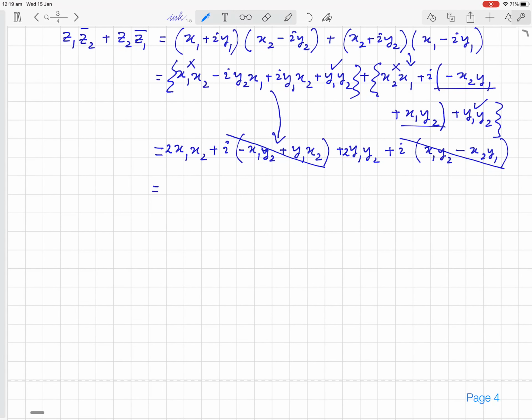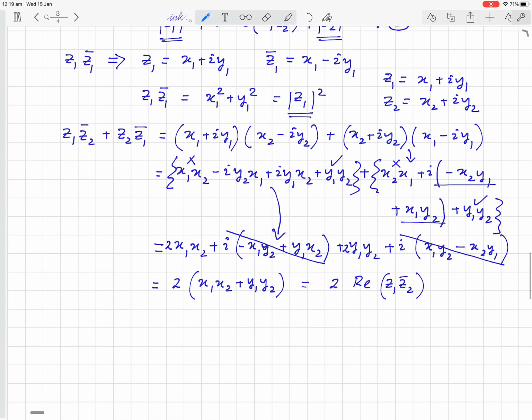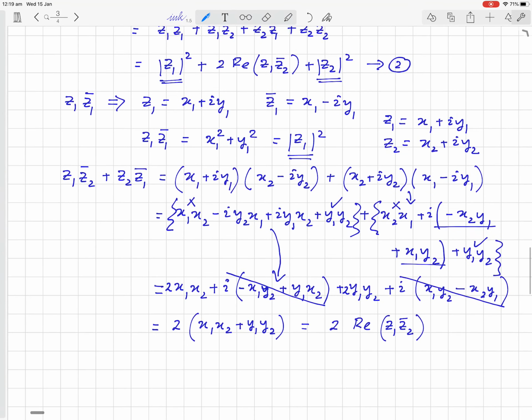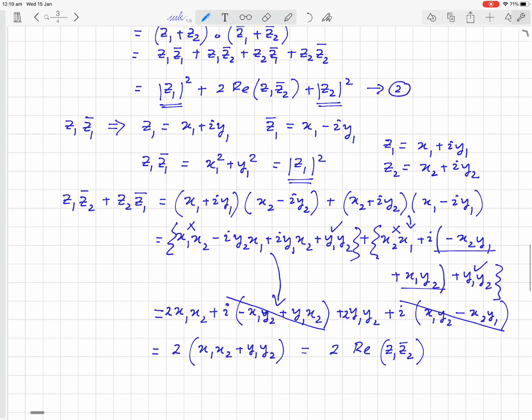So now this would be 2 times x1 x2 plus y1 y2. This can be written as 2 times real of z1 z2 conjugate. That is a very important relation, and the proof is already shown here.